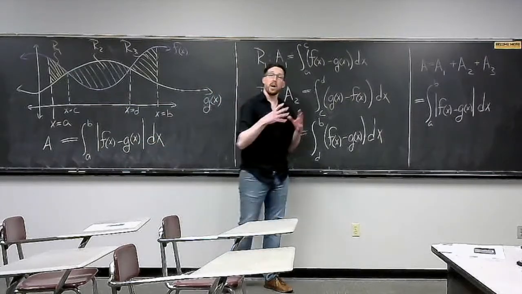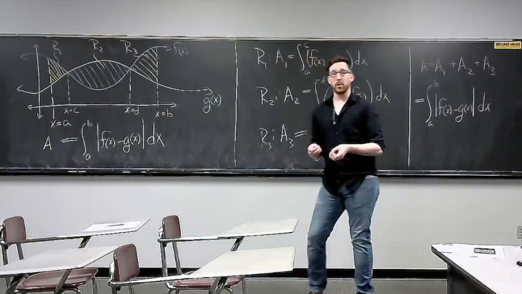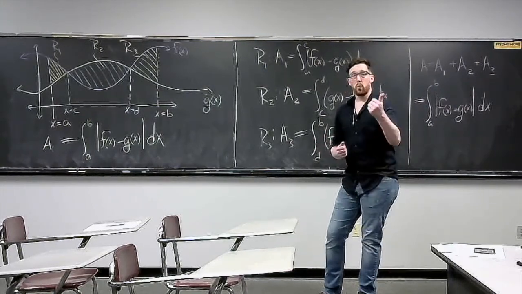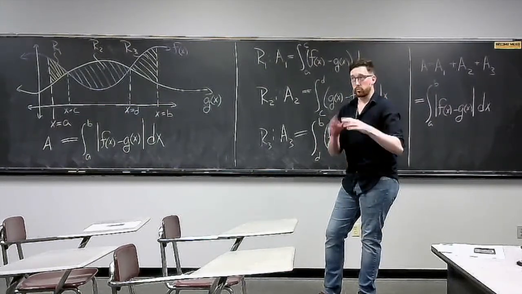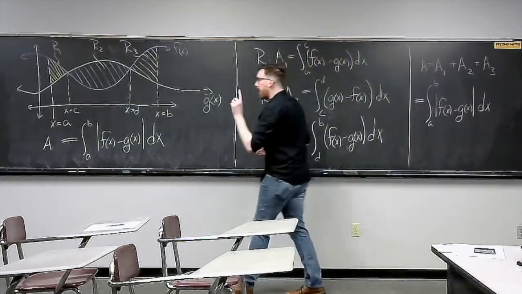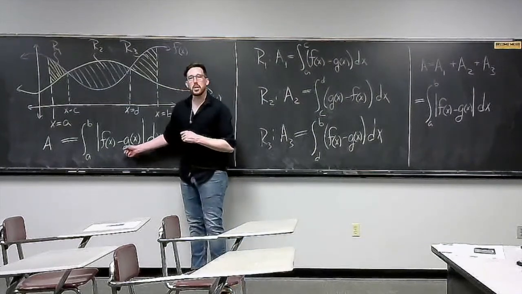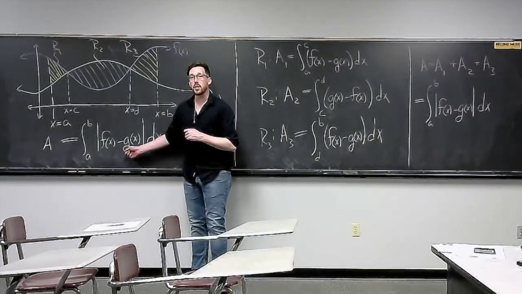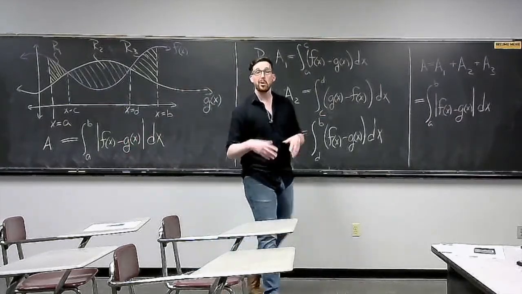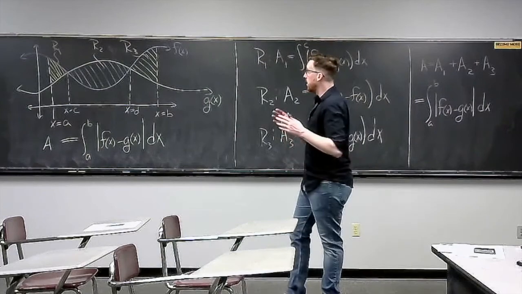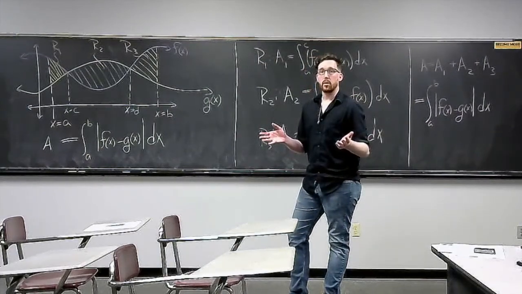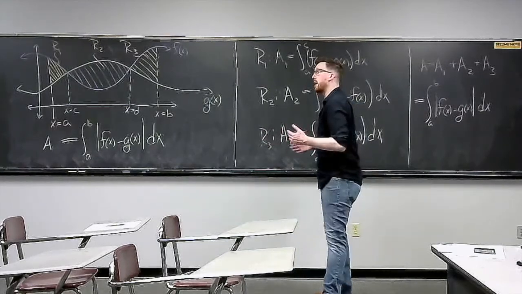When I say I want the area between a function and the x-axis, what we're assuming is one of them is f of x, the function, right? But the x-axis here is going to be considered the function y equal to 0. So you would just replace one of them with 0. So it would end up being the absolute value of your function. And you're just going to integrate that from a to b.